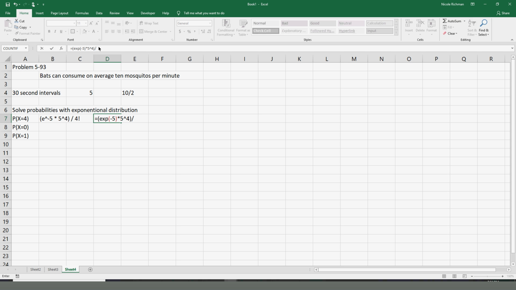Divide that whole mess by the factorial of 4. Okay. So whenever we see e, in Excel it is EXP. Okay. Exclamation point is FACT. Factorial. Yeah.